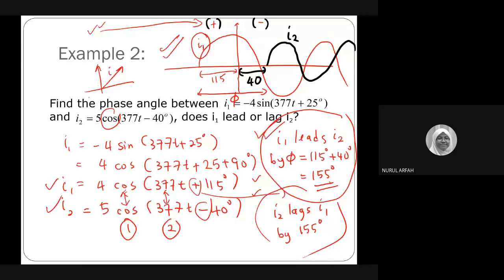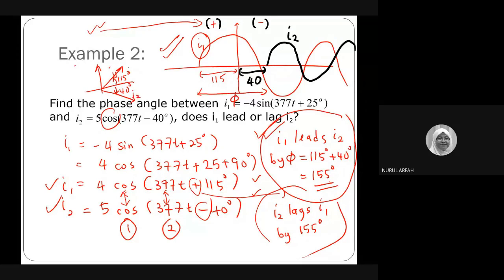This is I1 maybe, and then another one is I2. So you can figure out, maybe this is 150, and then the I2 maybe starting from here, 40 degree, like this. So this is I1, this is I2.